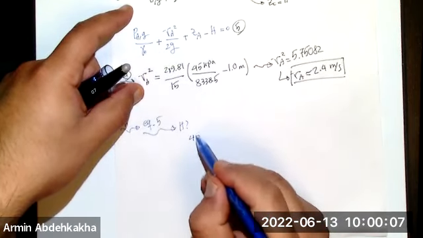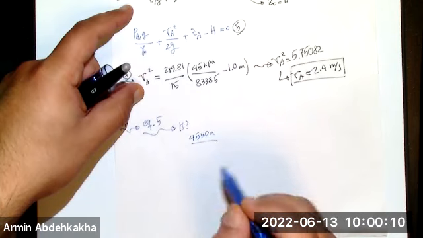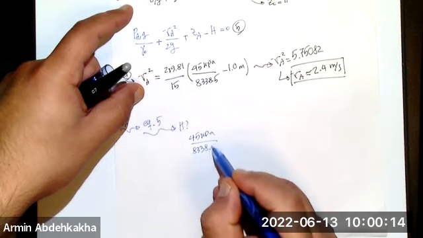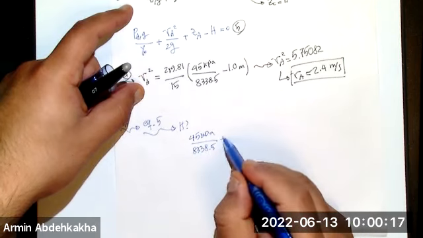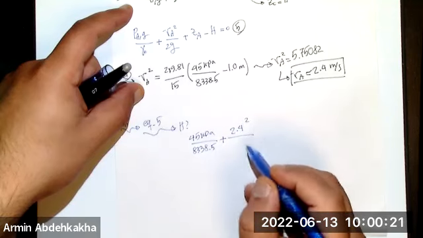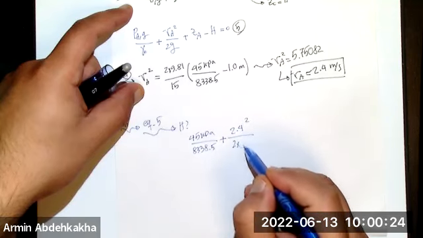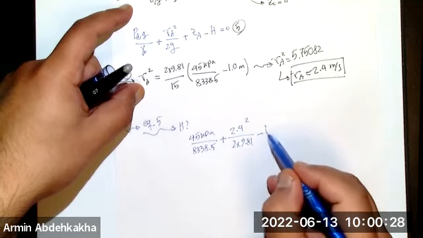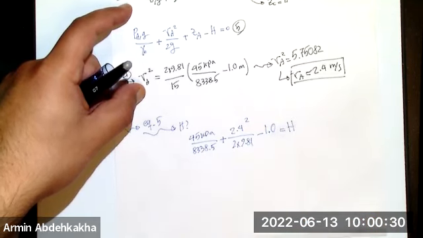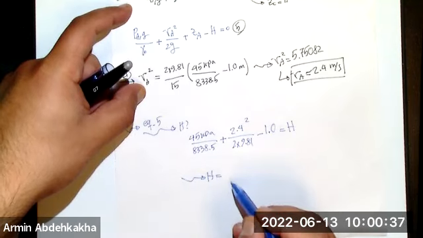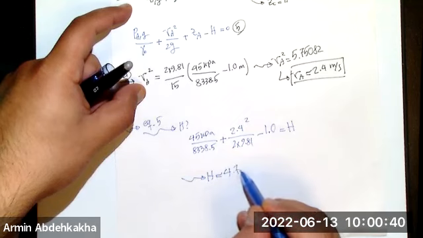So 45 kilopascal over gamma of the oil, which is 8838.5, plus VA squared over 2 times 9.81, or g, minus 1 is equal to H. Then H is almost equal to 4.7 meters.